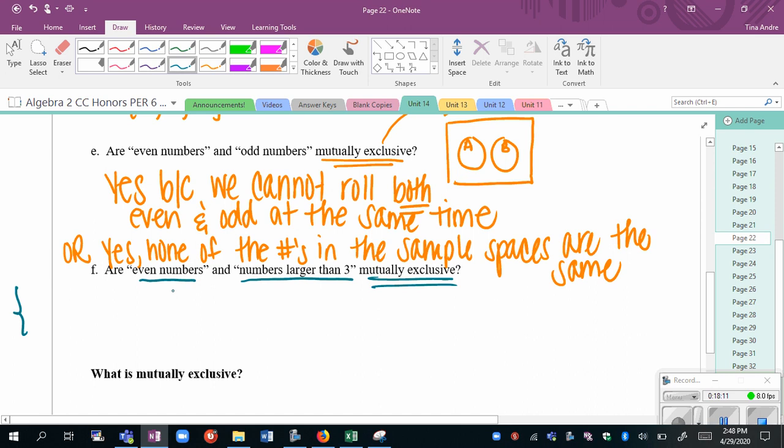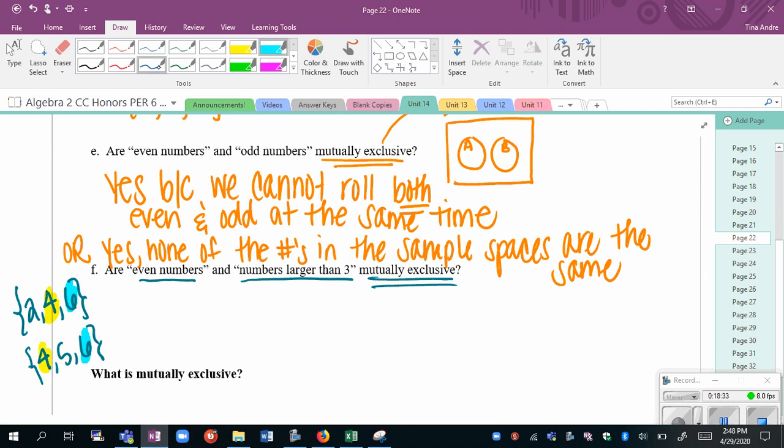So even numbers, we had 2, 4, and 6. Greater than 3, we had 4, 5, and 6. So the issue is we have some overlap. We have 4 that can occur in both of those, and we have 6 that can occur in both of those. Therefore, no, they are not mutually exclusive.